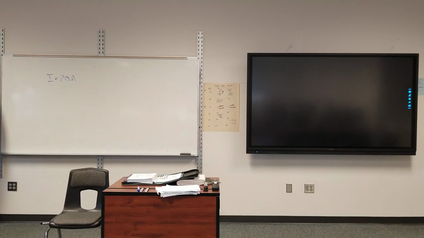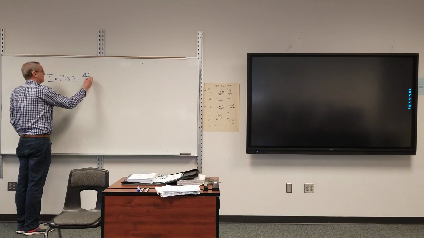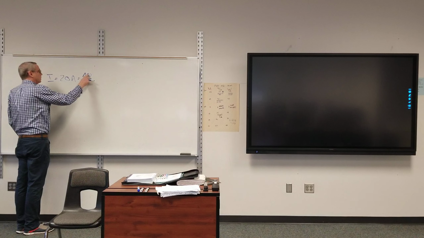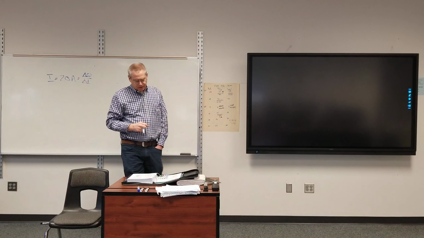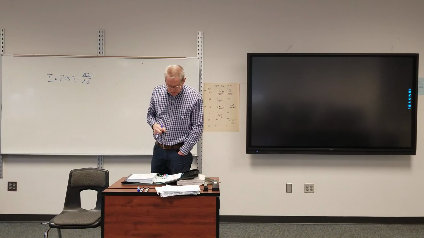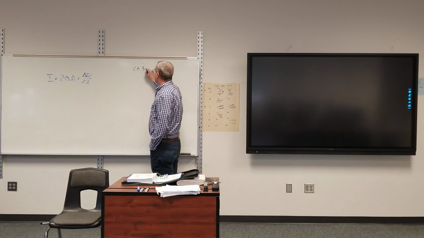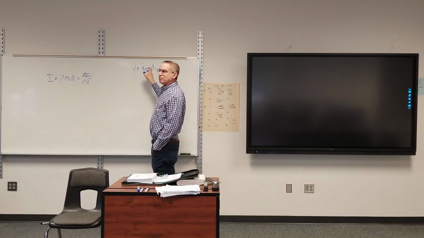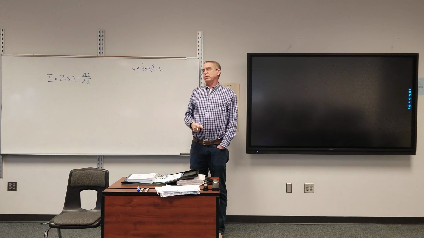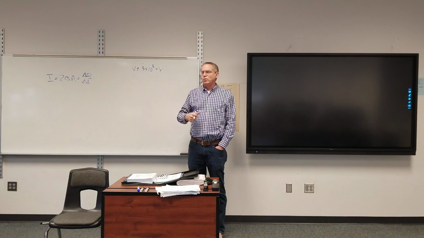It's charge over a given time, which we generally write as delta Q over delta T. They are traveling near the speed of light, so the speed is approximately 3 times 10 to the 8 meters per second. That was my question, where they got that from. It's the speed of light. It's slightly less than that, but that works for most things. We get to relativity at the end.